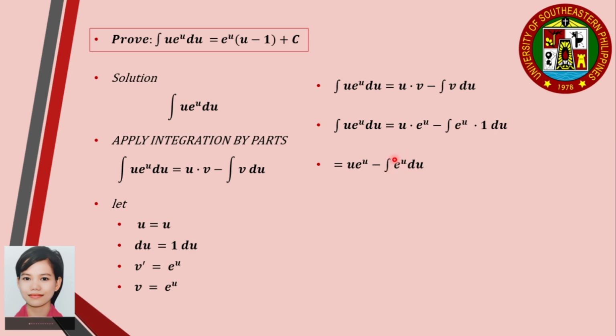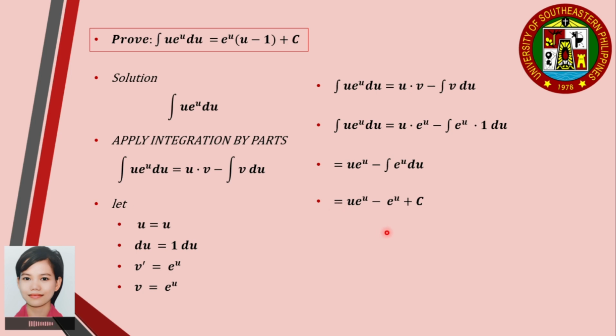So for this one, we can apply the integration to e raised to the power of u du. The integral of e raised to the power of u du is, of course, e raised to the power of u. So for the next step, as you can see from the last, we can simplify it.